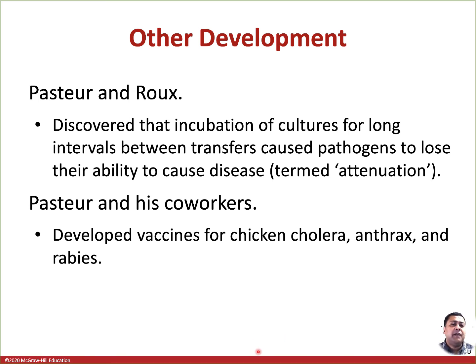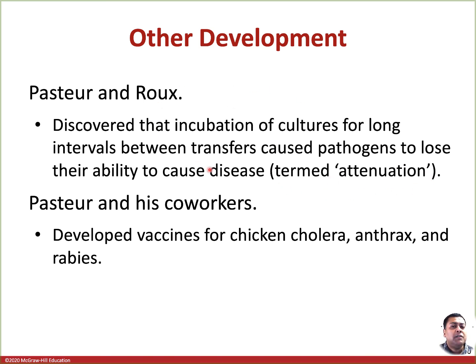Another development is that Pasteur and Roux discovered that incubating cultures for long time intervals between the transfer of the pathogen causes them to lose their ability to cause disease. So even before we had a clear understanding of the disease, they were able to develop some of these vaccines by the process of attenuation.